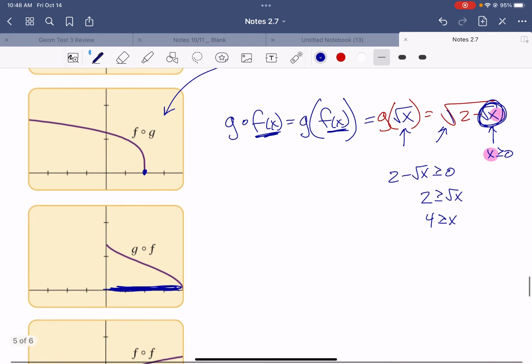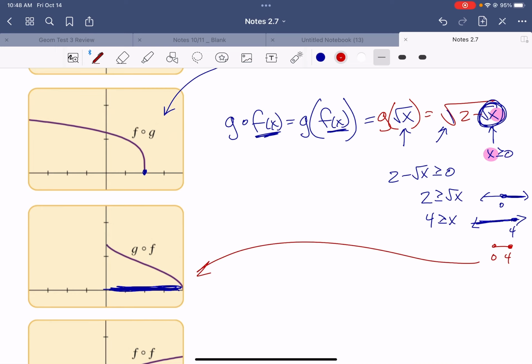So all of our x's have to be greater than or equal to 0, but they also have to be less than or equal to 4, and so the intersection of those two is between 0 and 4. And that's what you see over here in the picture.